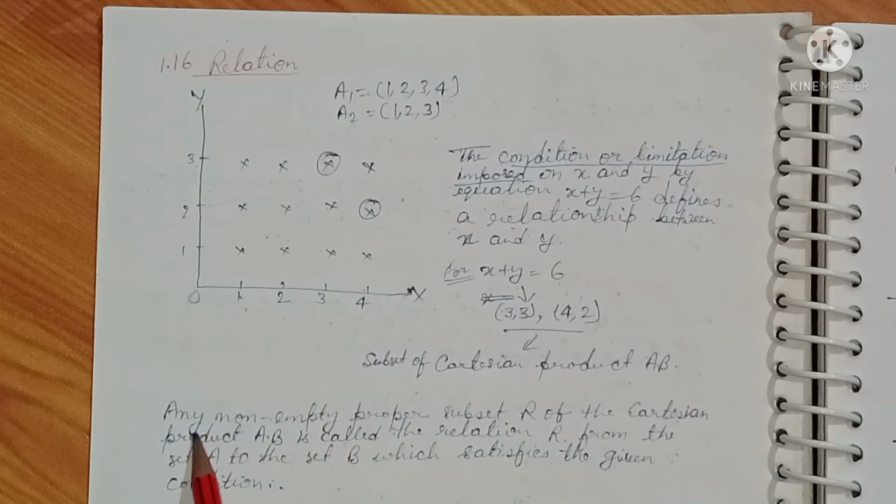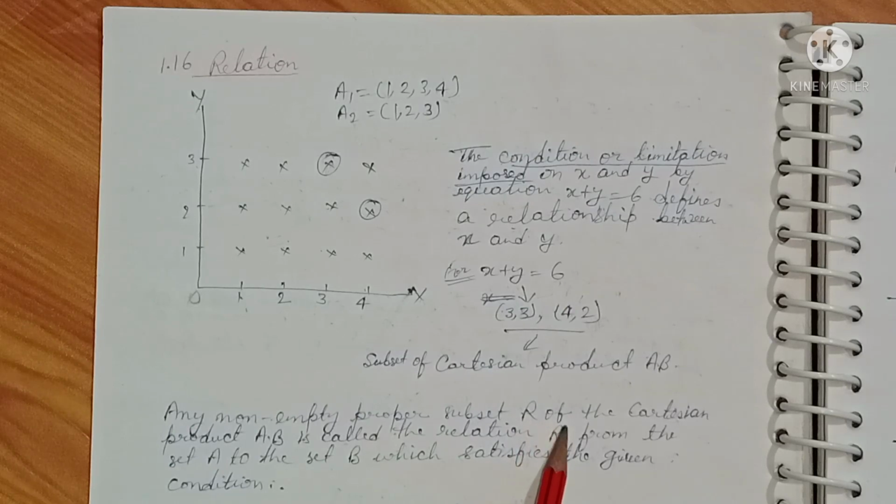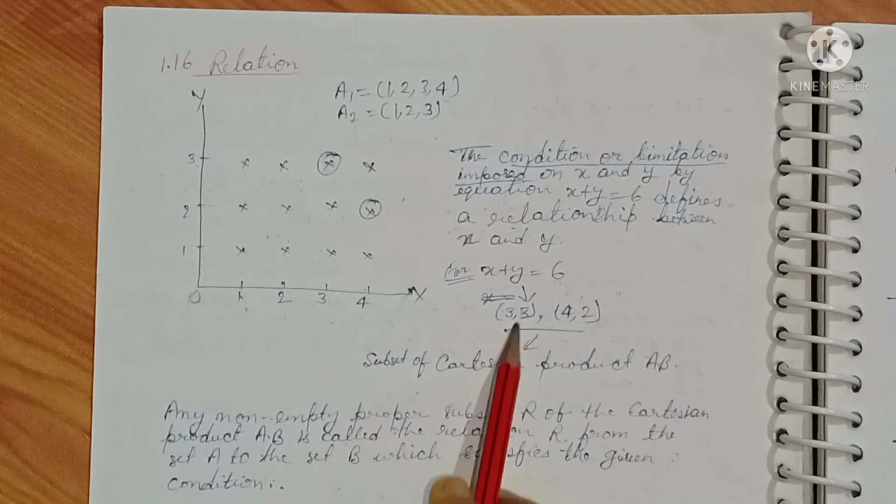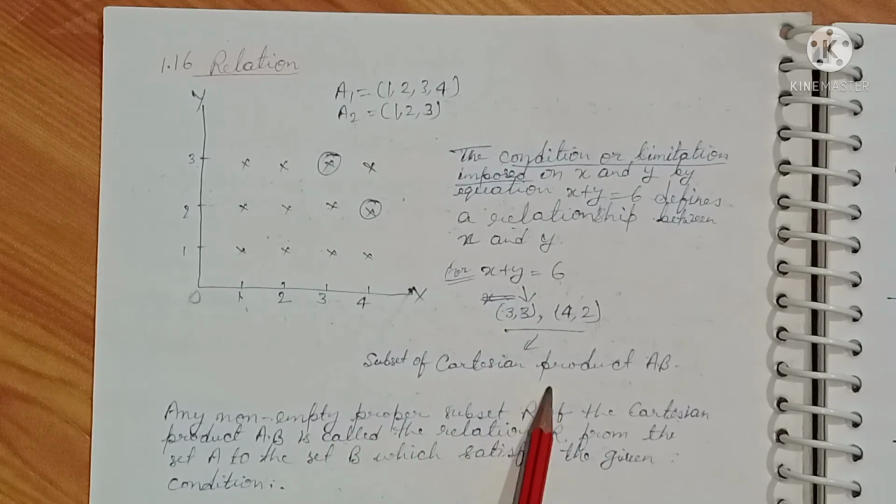Now here it is written, any non-empty proper subset R of the Cartesian product. So it means relation always comes under the Cartesian product. If two sets are given, a subset of that Cartesian product will give the relation. Inside that Cartesian product we will get the relation.